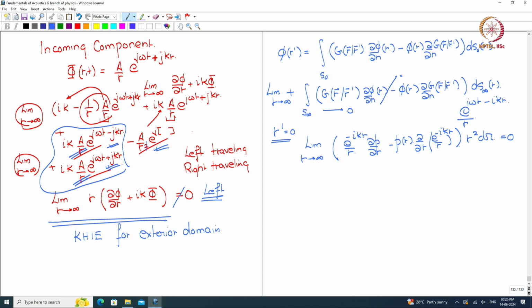Okay. So now what happens? My del by del r of e to the power of minus i k r over r is given by minus i k e to the power of minus i k r by r minus 1 over r square e to the power of minus i k r, and we have a limit r tending to infinity.